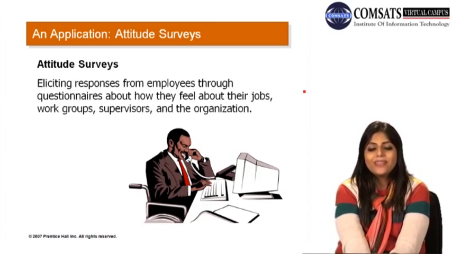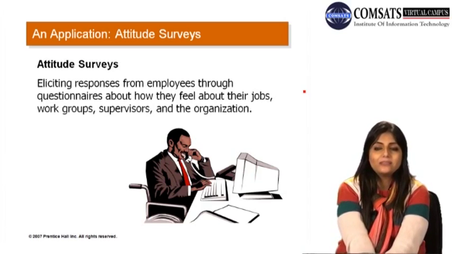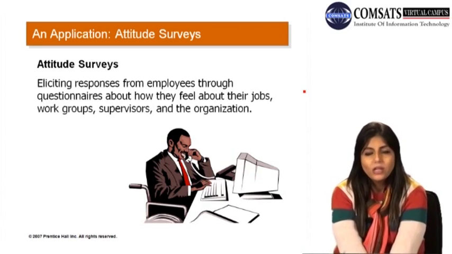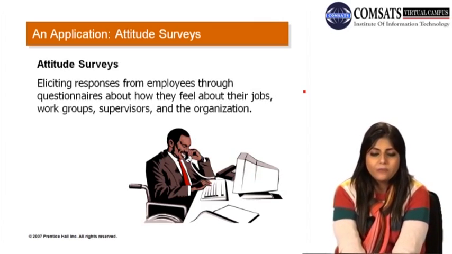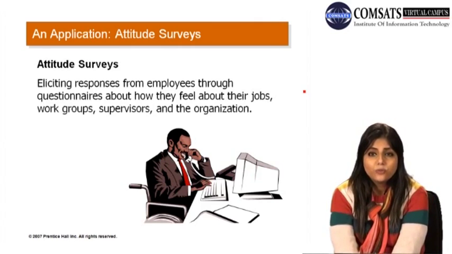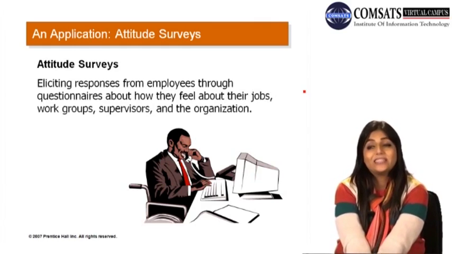So there are a number of ways that you can gauge and measure the attitudes of the employees. One of the ways most commonly used by organizations is attitudinal surveys. It is eliciting responses from employees through questionnaires about how they feel about their jobs, work group, supervisors, and the organization.